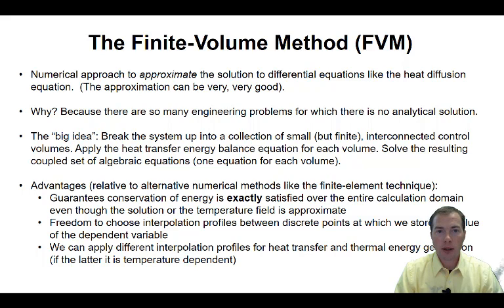In the finite volume method, the big idea is to break up the physical problem into a connected set of small but finite control volumes on which we balance energy. The finite volume method has many advantages compared to other numerical approaches when solving for heat transfer problems.